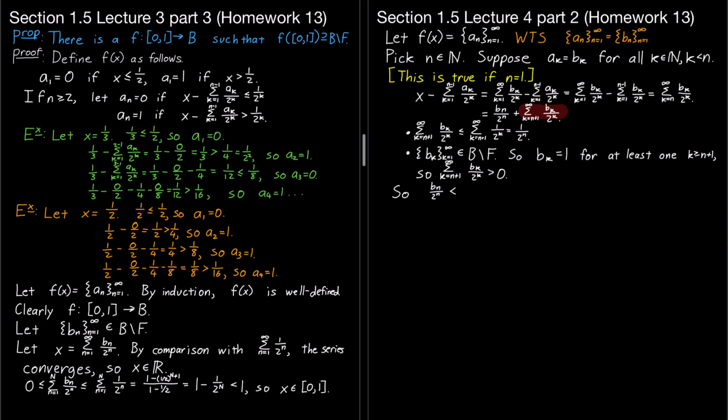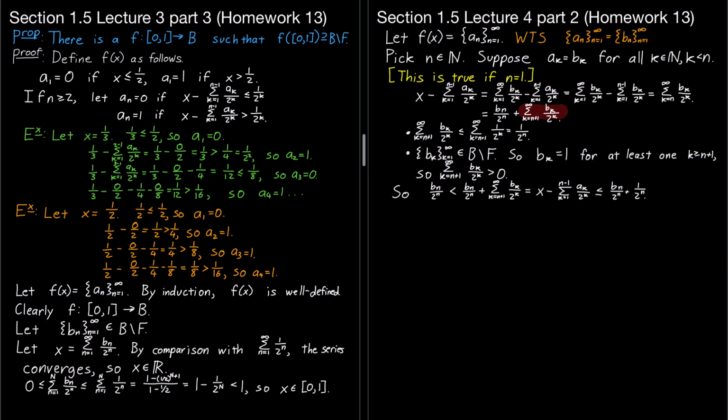Then let's say b_n over 2 to the n plus this sum of leftover terms, which we said was x minus the sum of the a_k's, also can't be any bigger than b_n over 2 to the n plus 1 over 2 to the n.